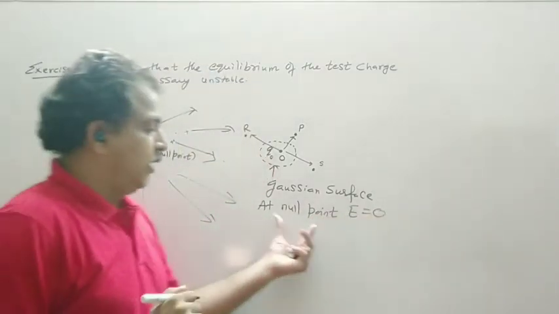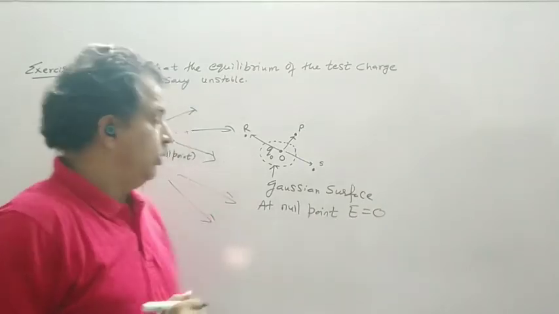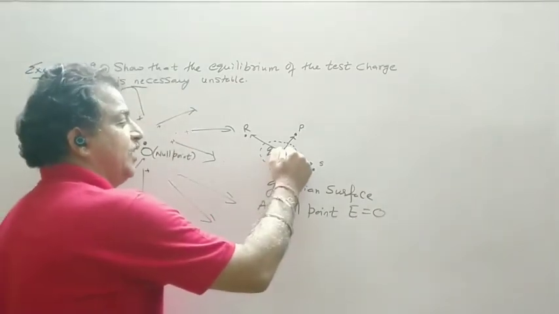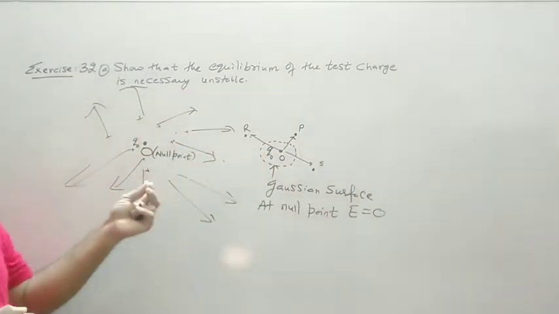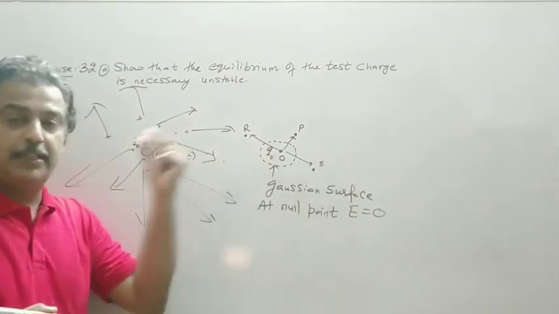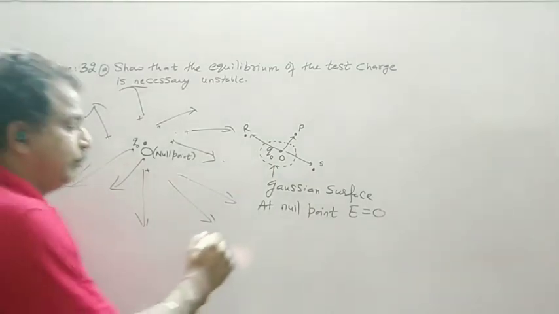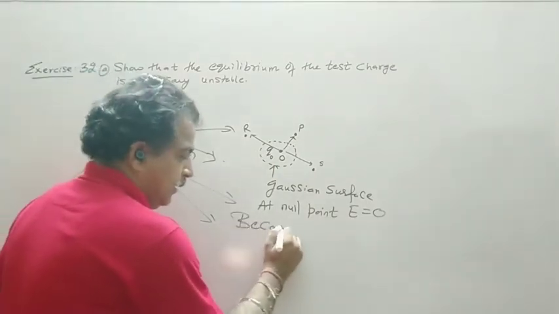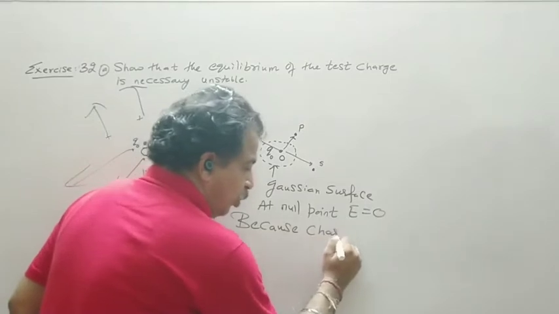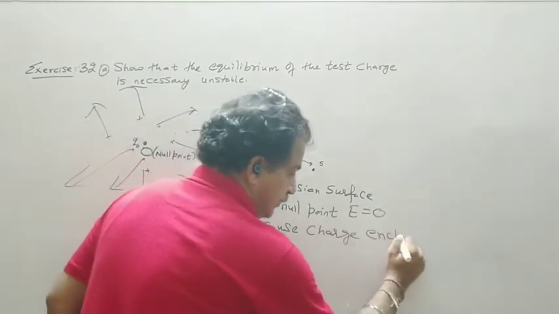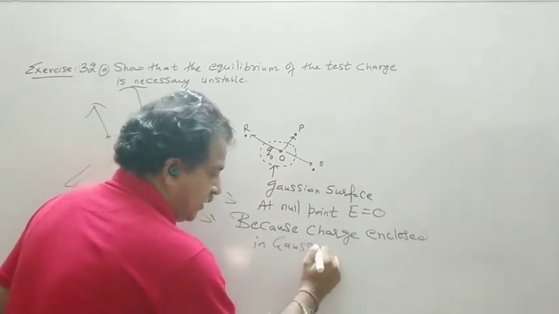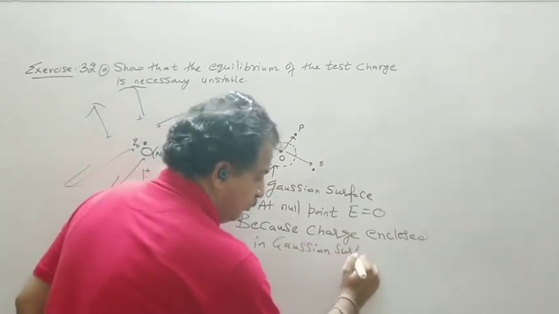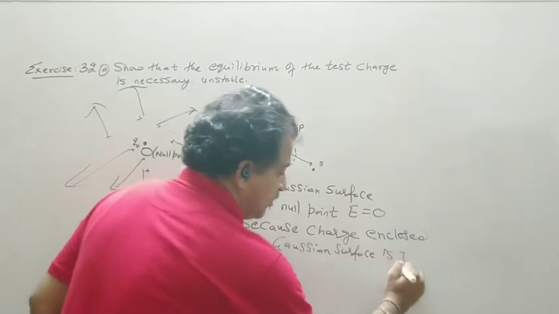Now if I take the test charge outside this Gaussian surface, it will never come back to its original position because the charge enclosed in the Gaussian surface, I am talking about the source charge, is 0.